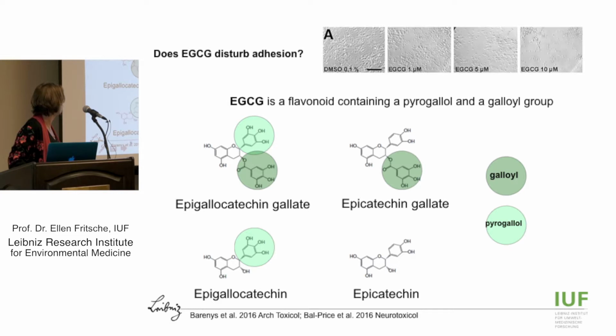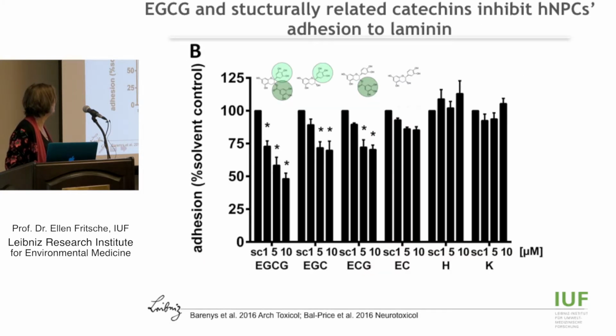The epigallocatechin lacks the gallate group and only has the pyrogallol group, and the epicatechin has none of those. And when we used all these different compounds with a different amount of groups, you see that the effect is the biggest when you have 2 groups, and if you have only 1 group, there's still an effect, but it's less, and the one here without the group actually has no significant effect.